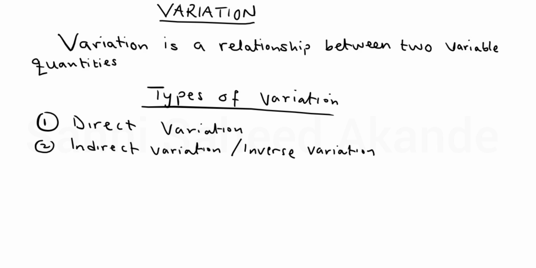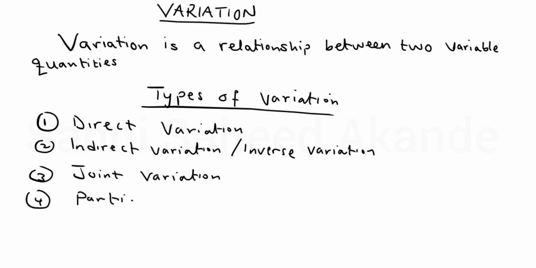Number three is joint variation. And then lastly, we are going to be considering partial variation as well. So these are the types of variation we are going to be considering under this topic.